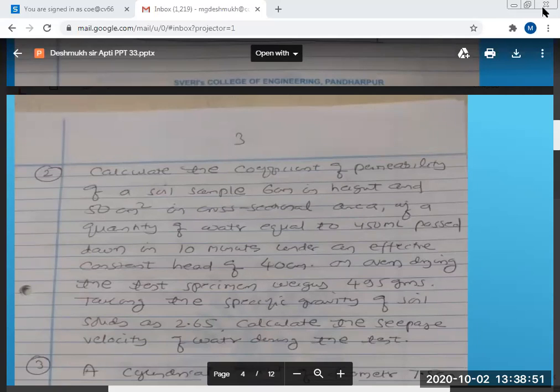Vaishnavi, convert this into meter per day, beta. You multiply this value with 864 directly and tell me the answer. I want answer in meter per day and then you calculate what is seepage velocity.